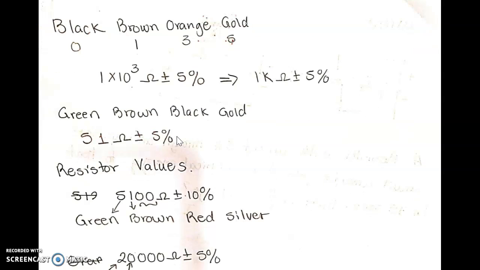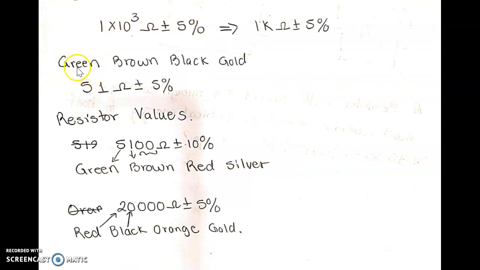Another example, we have black, brown, orange, gold. Black is 0, brown is 1, orange is 3, and gold is 5. So I have 1, 0, any number has a 0 before it, so it doesn't matter. The orange is the multiplier, 10 to the power of 3 ohms, plus minus 5% tolerance, which is gold, which is equivalent to say 1 kilo ohm plus minus 5%.